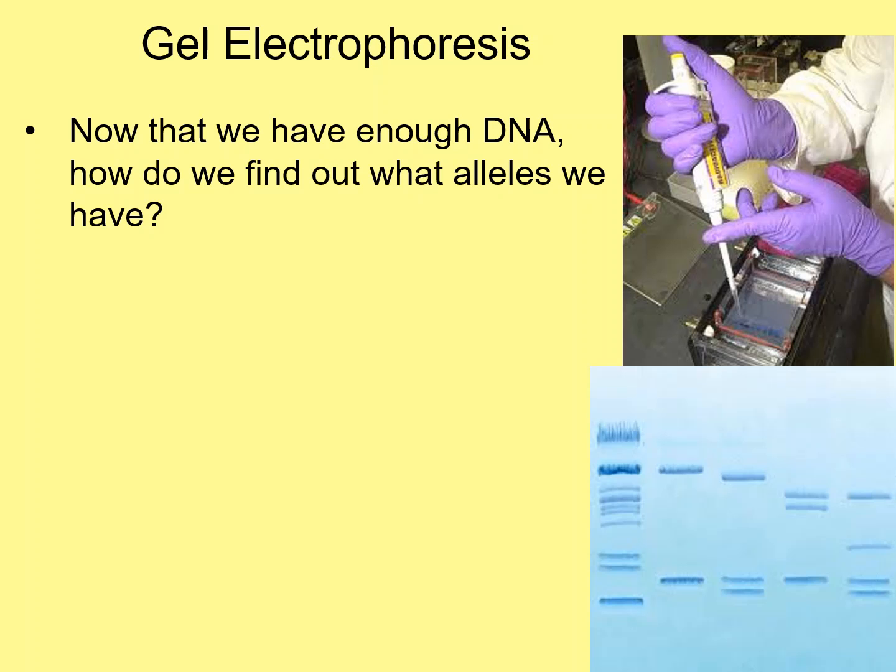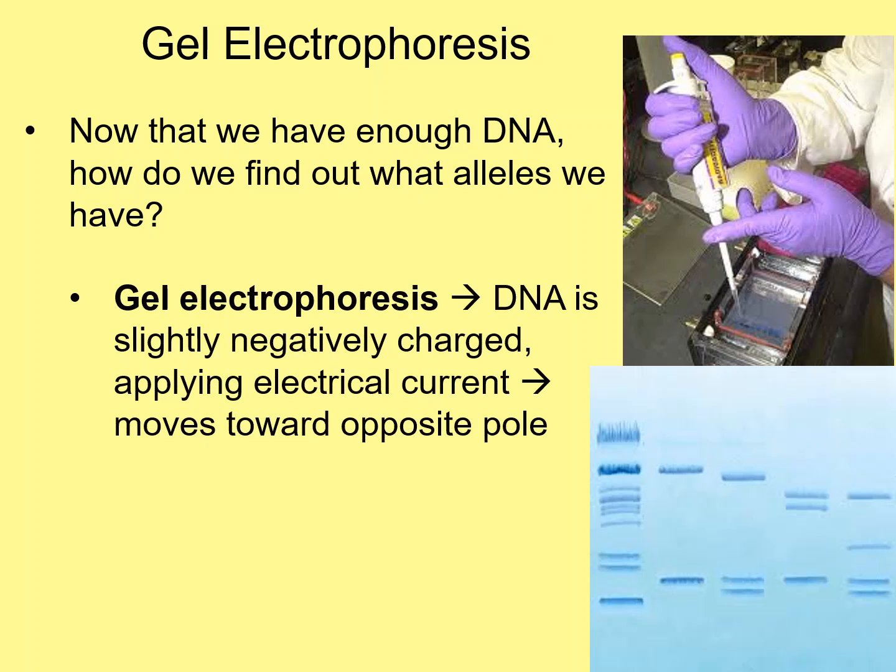Then you're going to put that mixture into an agar gel, and then apply some electrical current to that. So be careful, because the voltage is no joke. Follow your TA's instructions very, very carefully.